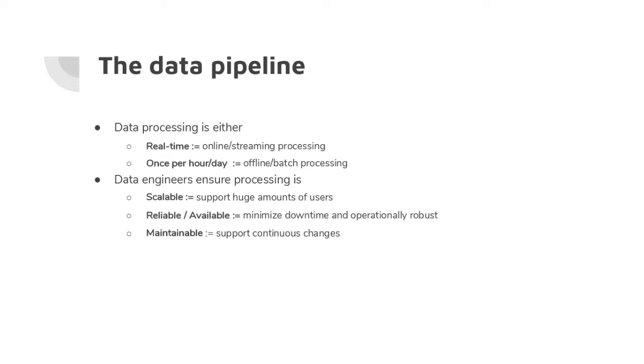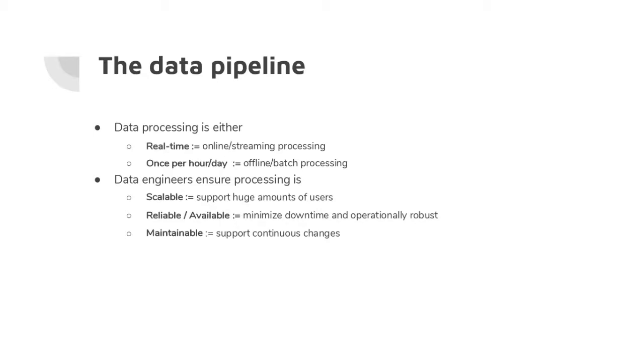So data processing is either real-time, online streaming processing, we call that. So that means, for example, if a user goes to Dreamland, the products they get on their page, they get in real time. There's some query in the background that goes to a large database, and they get their results immediately.